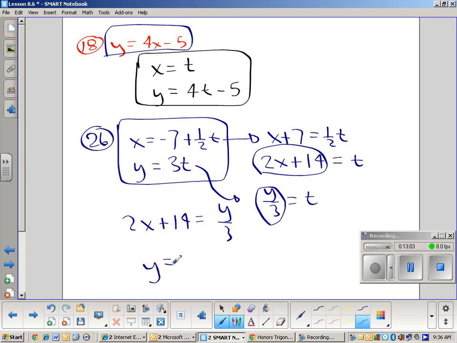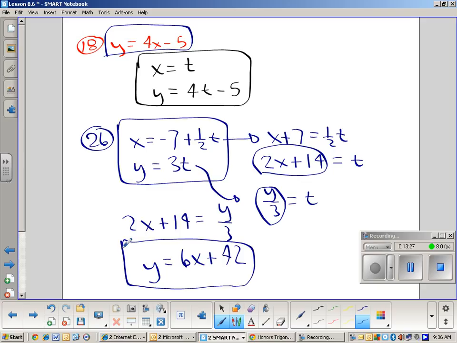So y is equal to 6x plus 42. Okay? y is equal to 6x plus 42. So this is the equation I got from using my parametric equations.